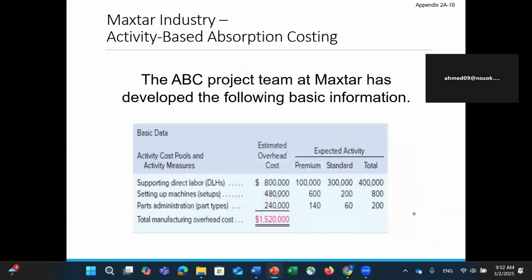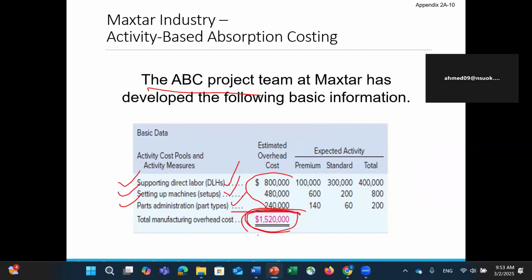Okay. Let's go to the ABC. How different will it be? So remember this 1,520,000 is the same manufacturing overhead as under the traditional. All we did was assign the cost differently. Look here. That information comes from the personnel, the employees who are handling the two products, the premium and standard. They know how much direct labor, they know how many setups, and then they give this information.